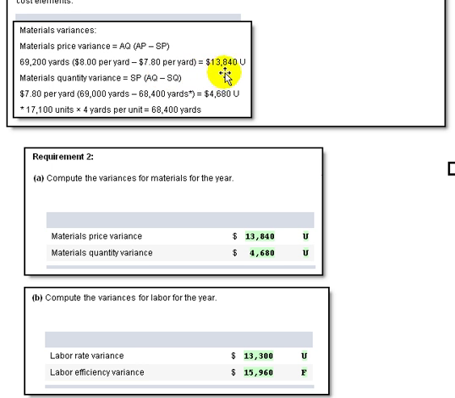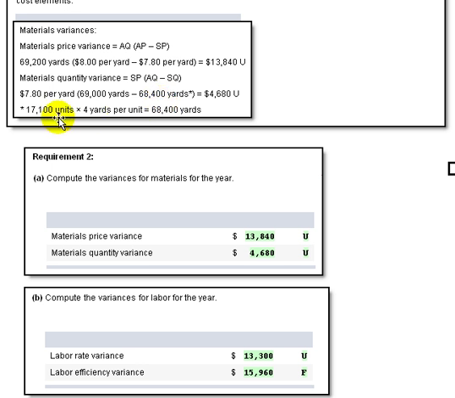Now, to calculate materials quantity variance, we take the standard price times the difference between the actual quantity and the standard quantity. So now we take the $7.80 per yard, that's the standard price, and we take the difference between the 69,000 actual quantity yards versus the 68,400 standard quantity yards.